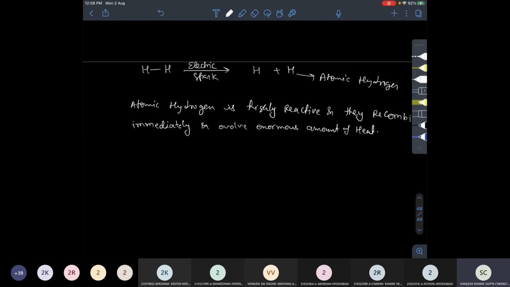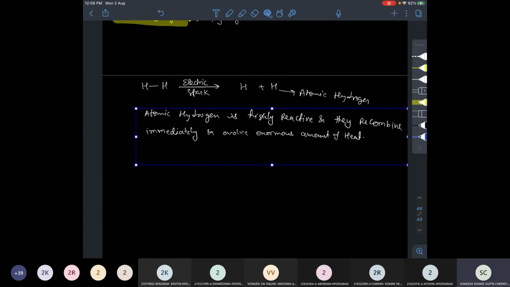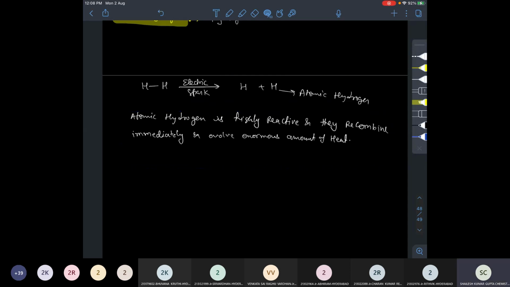So this is used in welding torches. That much heat is required there, right? So basically H plus H gives H2, excessive heat. You can understand this value. This value delta H is approximately 104 kilocalorie per mole.